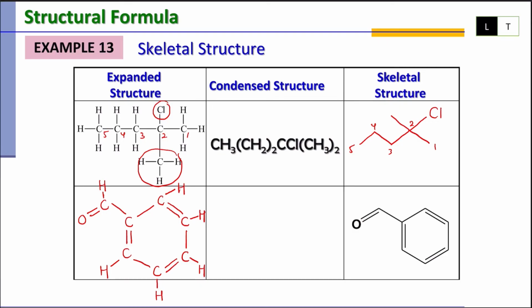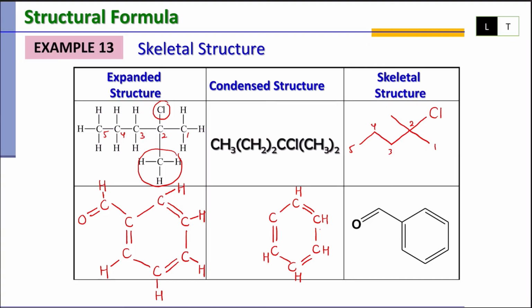Next, kita akan draw the condensed structure. Untuk ring, kita kekalkan cuma bond antara carbon dengan hydrogen ni kena tutup. So, saya draw dulu carbon yang membentuk ring. And then, setiap carbon yang awak ada, awak akan letak H dekat sebelah dia. Macam saya buat. Very easy. Okay.